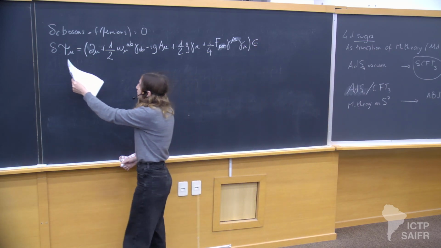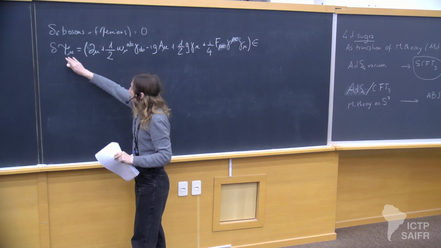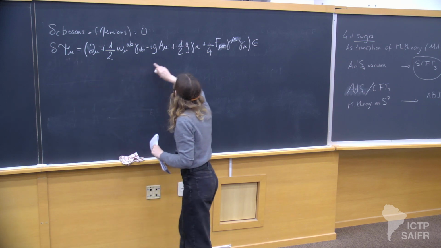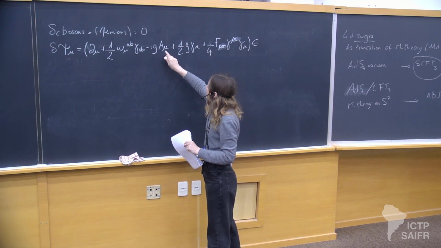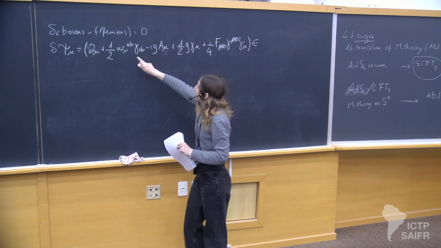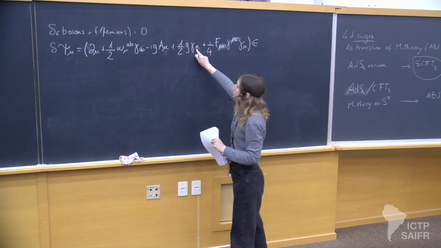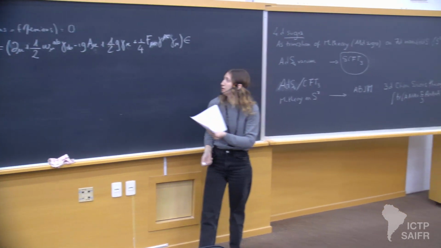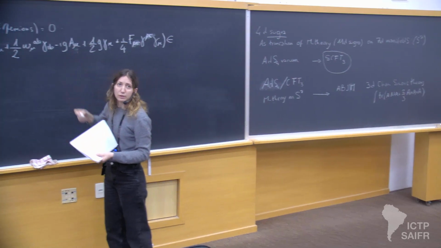These are the supersymmetry variations of the fermions, which, as you see here, involve in particular terms with the metric, that is included in the field strength here, and also the graviphoton, the gauge field here.